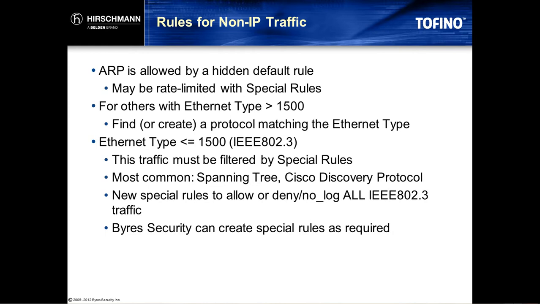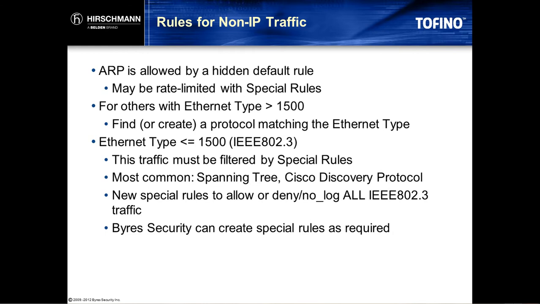So how do we deal with these protocols? First of all, there's one particular non-IP protocol that we handle specially in the Tofino. It's called ARP, Address Resolution Protocol. This is the protocol that devices use to resolve an IP address down to an Ethernet MAC address.